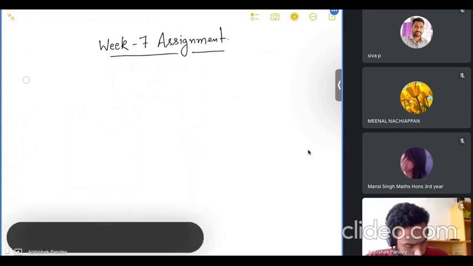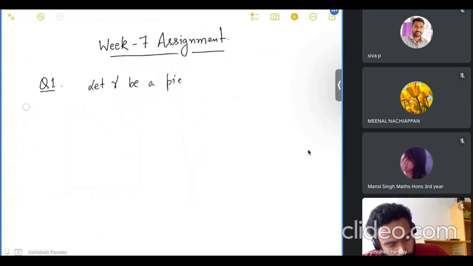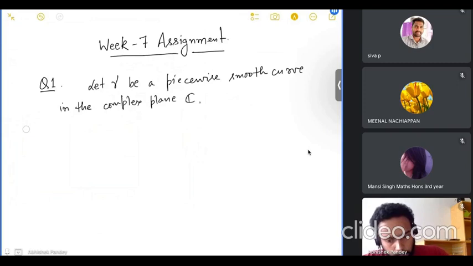Okay, so question 1 is: let gamma be a piecewise smooth curve in the complex plane C, and let h be a function which is continuous on the trace of gamma.